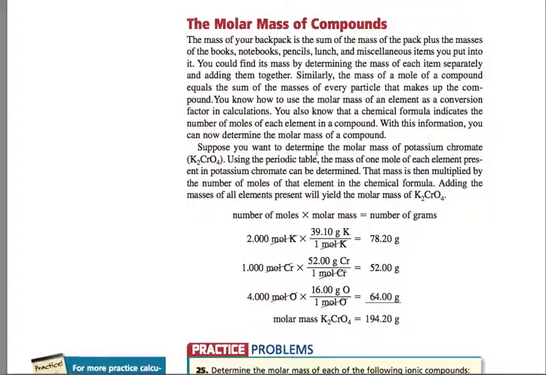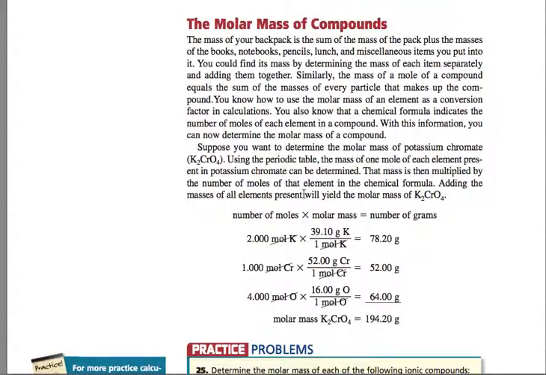So suppose you want to determine the molar mass of potassium chromate, K2CrO4, using the periodic table. The mass of 1 mole of each element represented in potassium chromate can be determined. The mass is then multiplied by the number of moles of that element in the chemical formula.